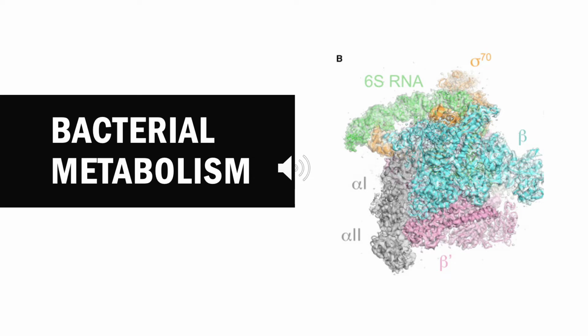For this slide, this is just a continuation of the background about bacterial metabolism. So I just want to say that in bacterial transcription, there's usually a -10 and -35 element in each promoter.